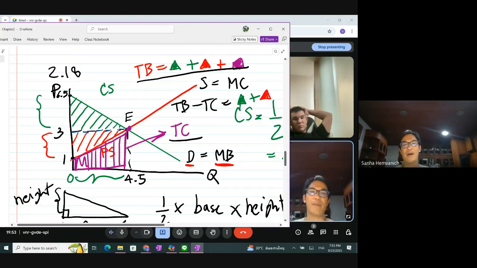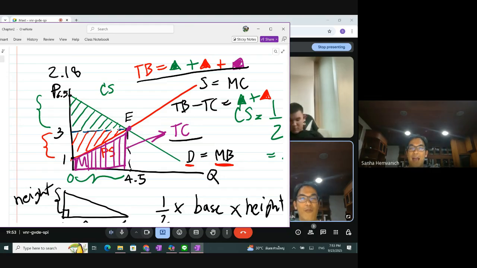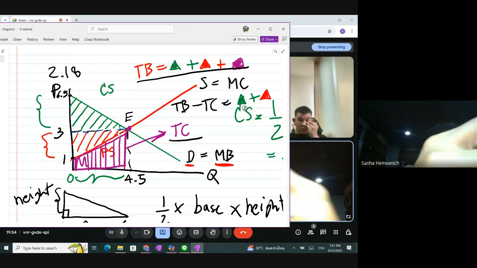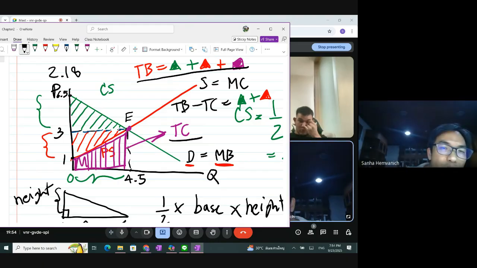The welfare is the benefit minus the cost. So that is the welfare that is maximized, because the consumer surplus plus producer surplus exceeds the cost of producing up until 4.5.